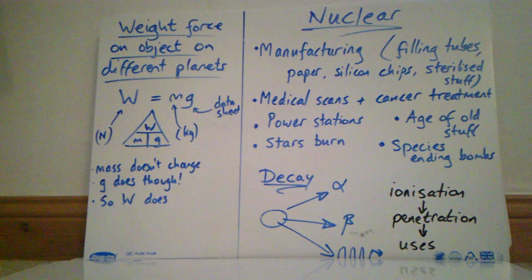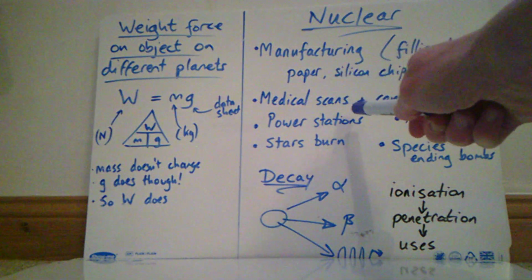Things like makeup get blasted with radiation before they're sold, so that there aren't any bugs on them. So there are lots of uses of radiation. Smoke detectors have radiation in, so lots of good uses for it.